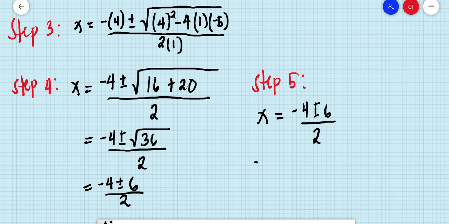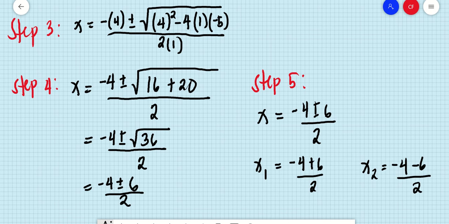So, dito sa x sub 1 or yung unang solution, gagamitin muna natin yung negative 4 and positive 6. Again, negative 4 plus 6 all over 2. And for the x sub 2, or yung pangalawang solution natin, negative 4 and negative 6. Okay, all over 2. So now, simplify na lang natin to.